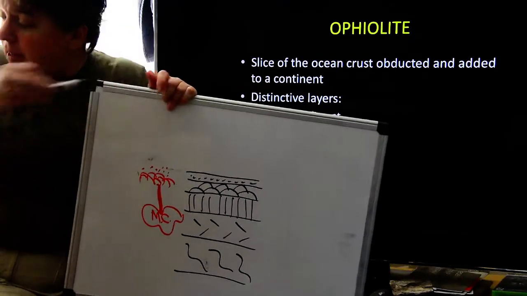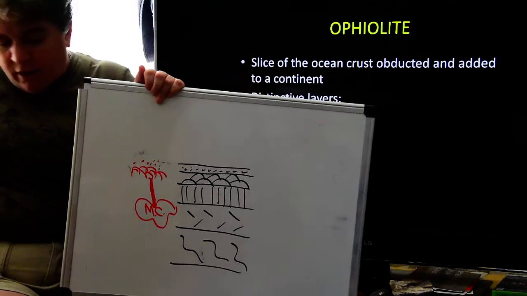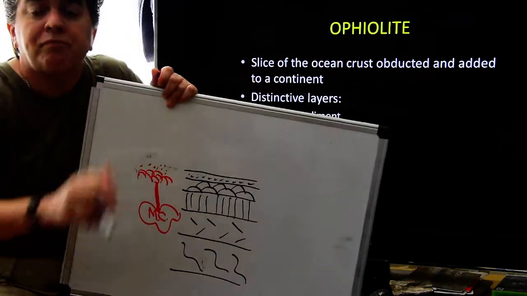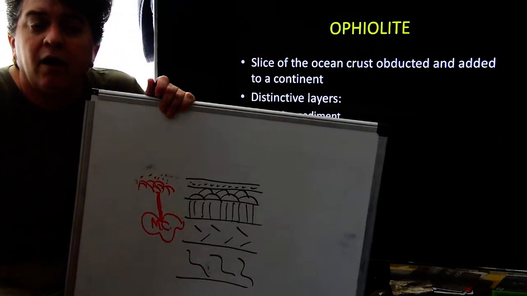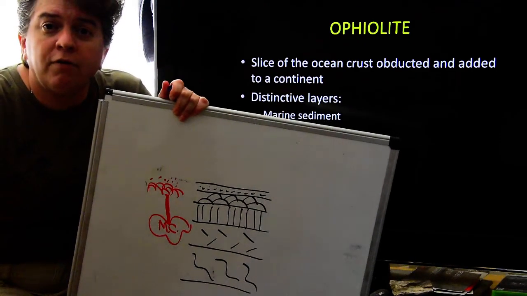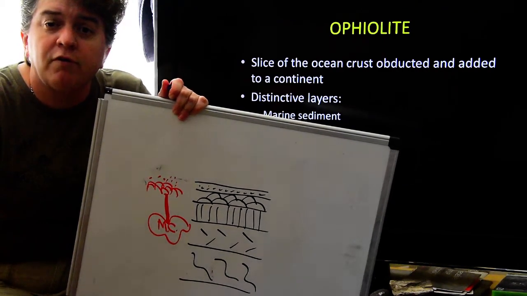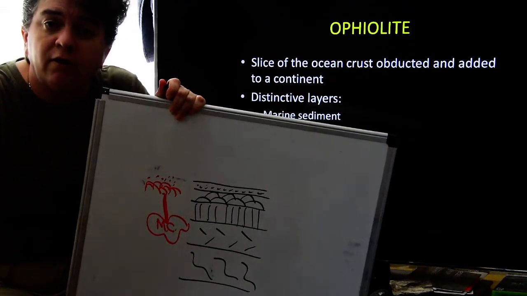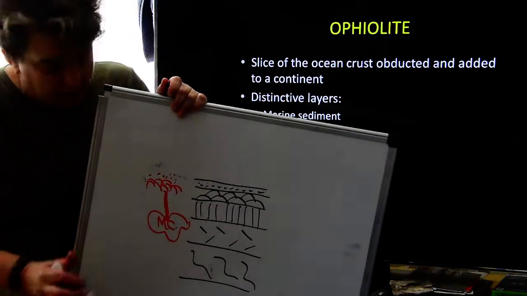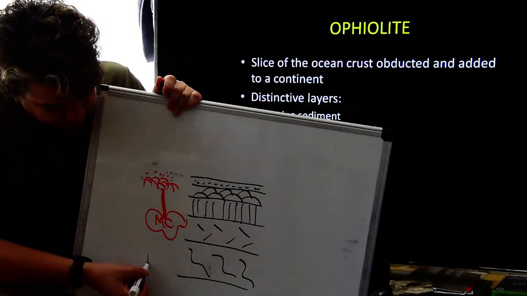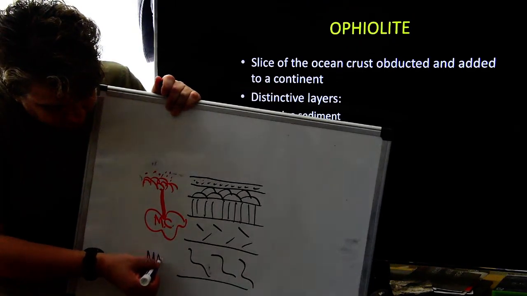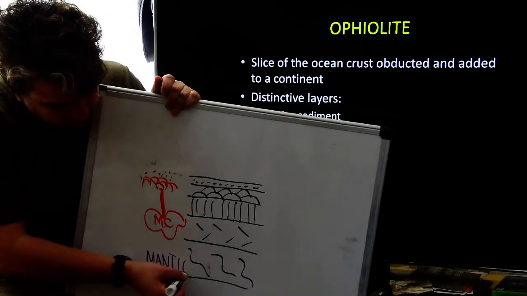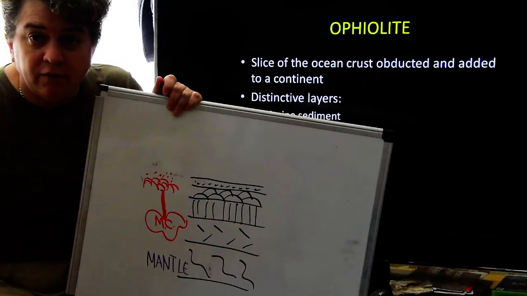But then that brings into mind, what on earth is this peridotite down here? You guys remember the compositions of Earth's materials. The crust is either granite, if it's a continent, or it's basalt, if it's the oceans. And the mantle is made from peridotite.